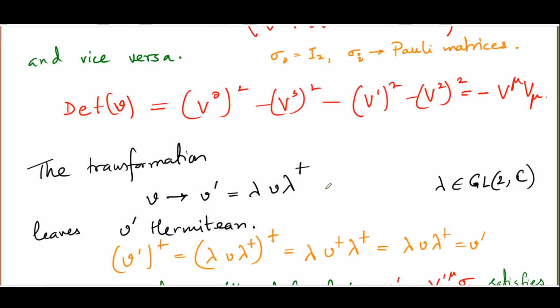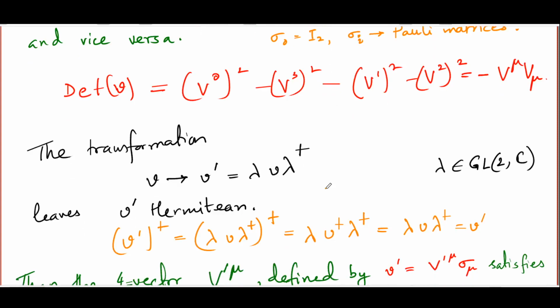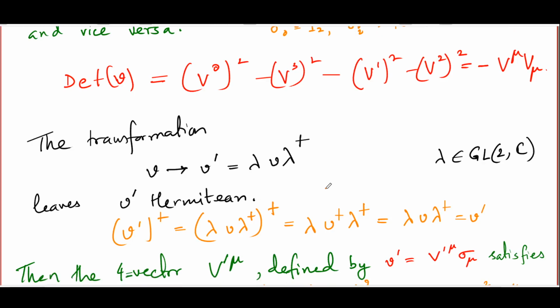Since v′ is Hermitian, we can find four real numbers, V′^0, V′^1, V′^2 and V′^3, such that v′ can be written in the form V′^μ σ_μ. And this defines a 4-vector V′ for us.